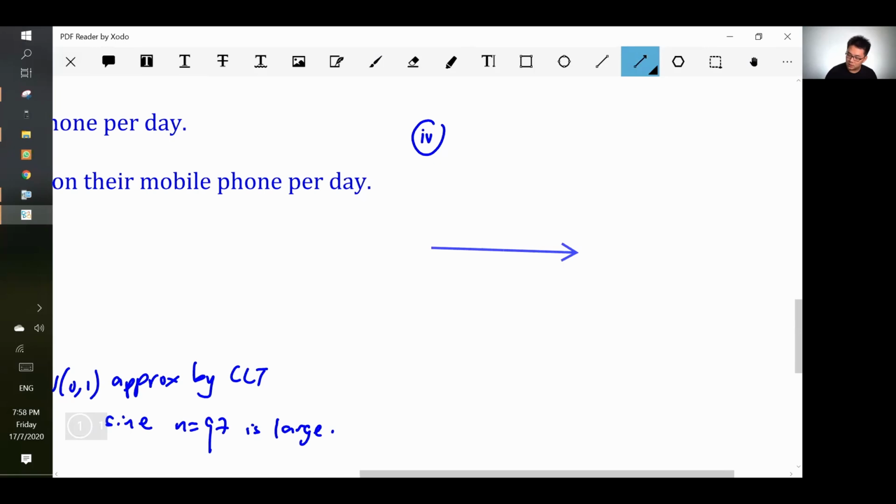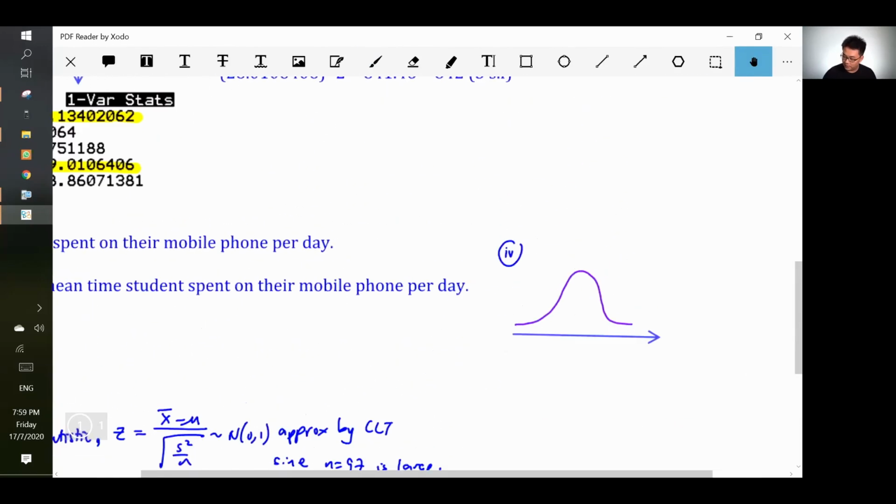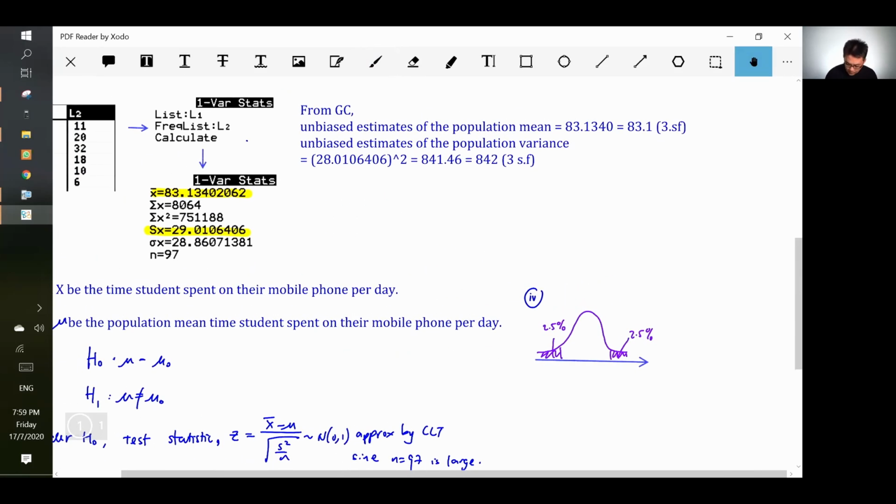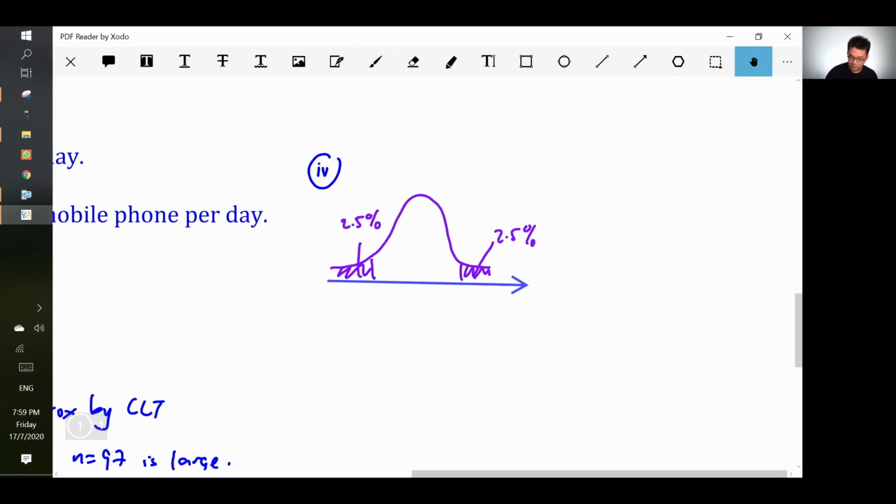I'm going to draw what rejected means. This part here is 2.5% and 2.5%. So if you're rejected at 5%, it's like that.